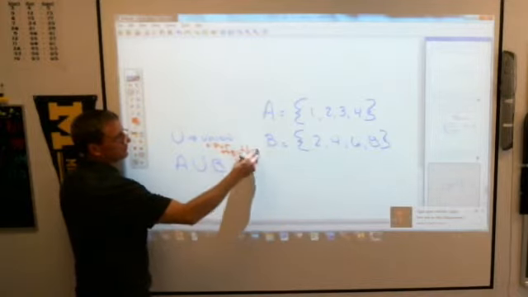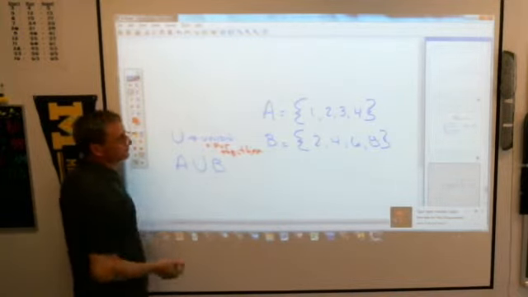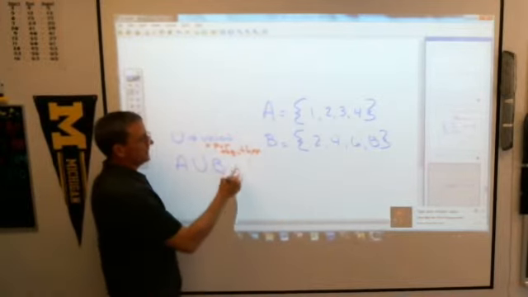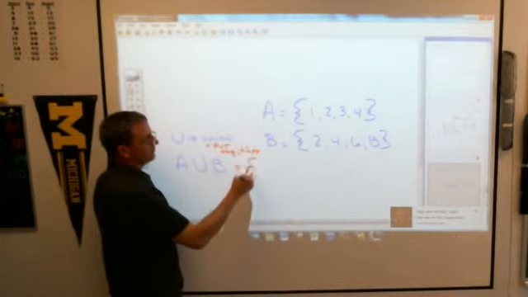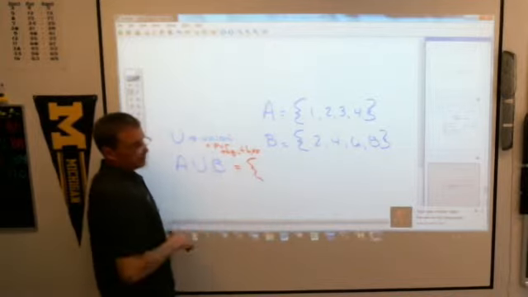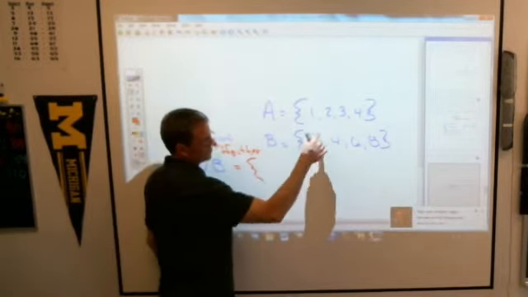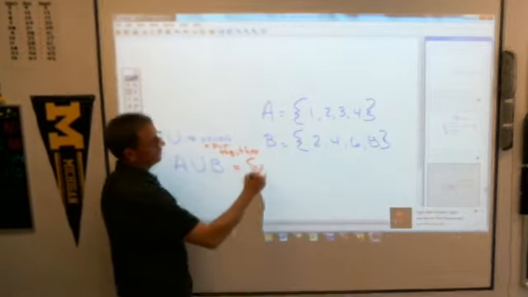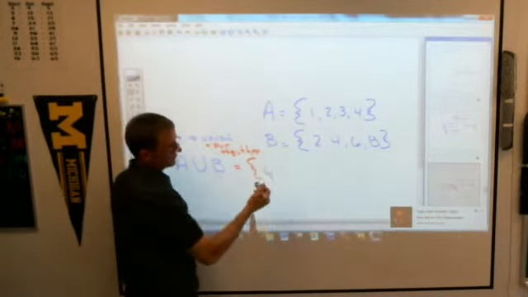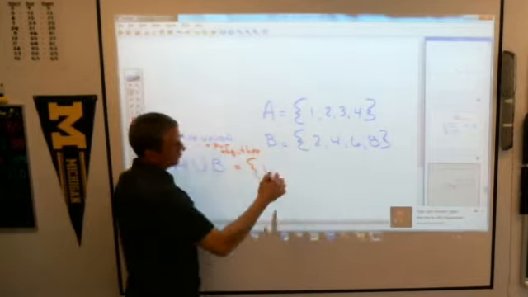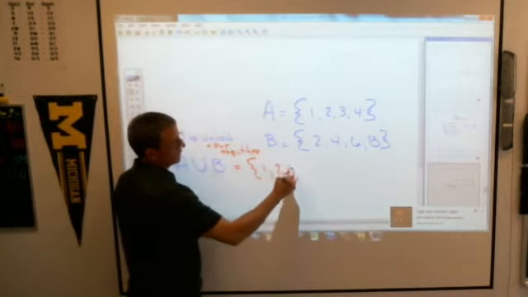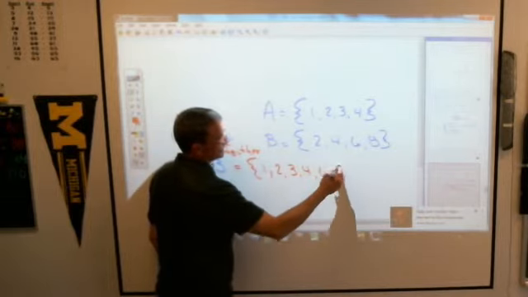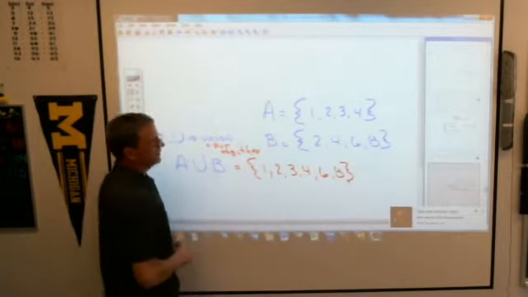So the union of sets A and B would equal 1, 2, 3, 4, 6, and 8. You don't have to repeat a number if it's the same. I don't put 1, 2, 2, 4, 4. That is the union. You put them together.